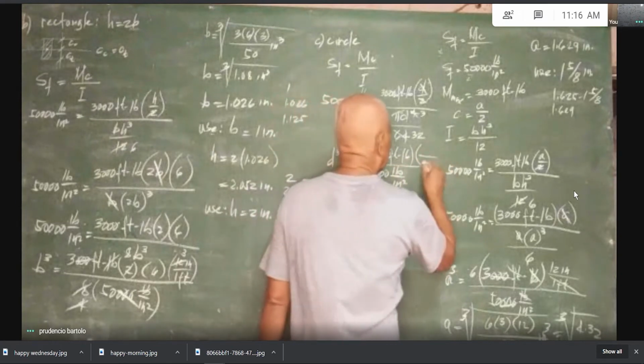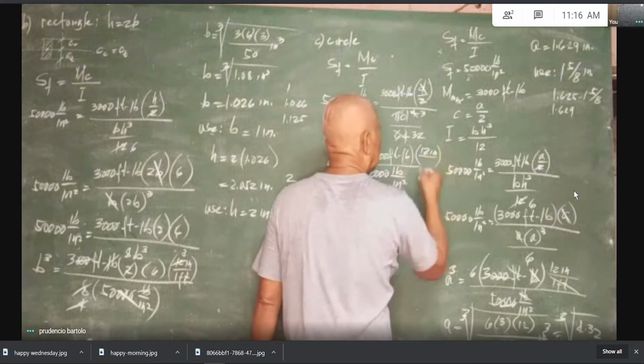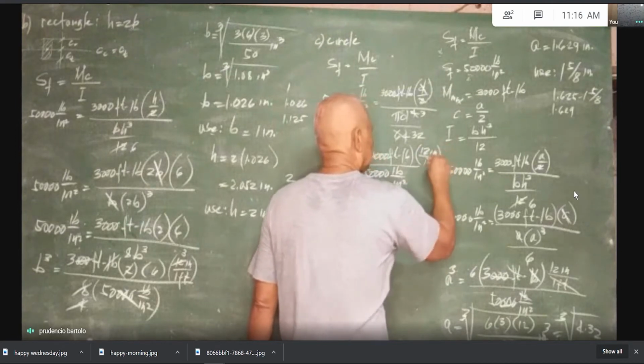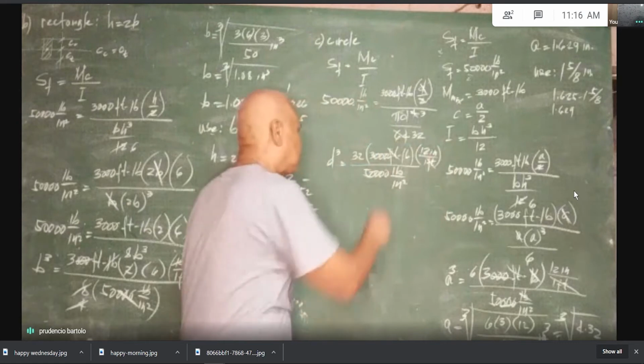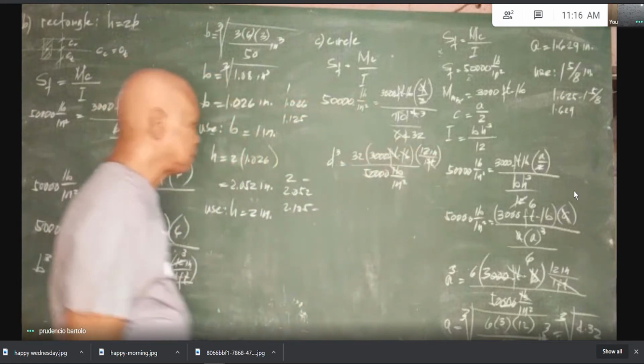Converting foot to inches, that is 12 inches per foot. Foot and foot cancel out, pounds and pounds cancel out.